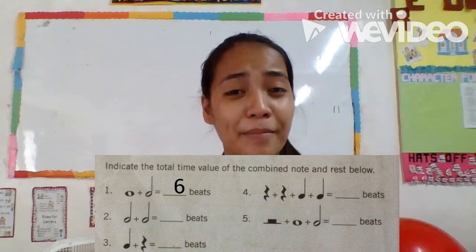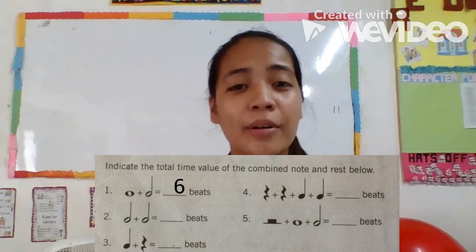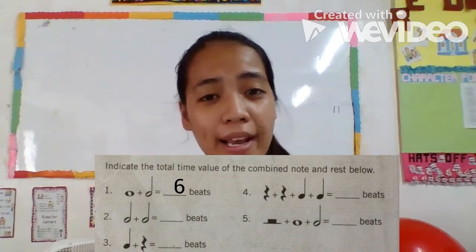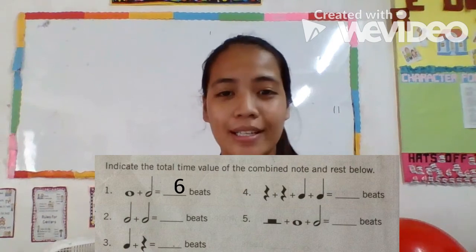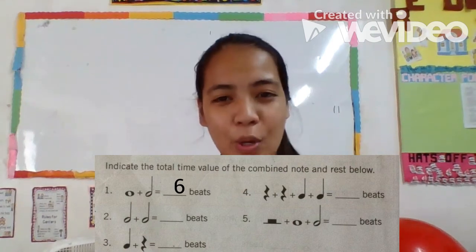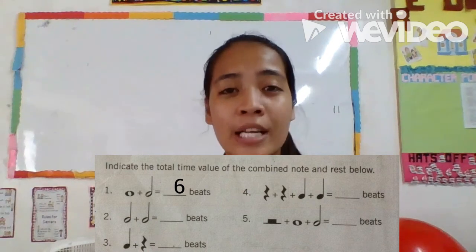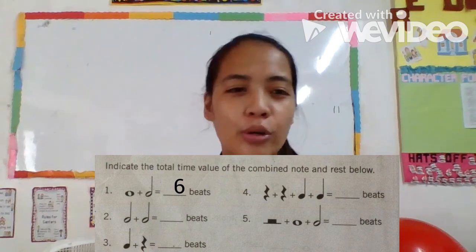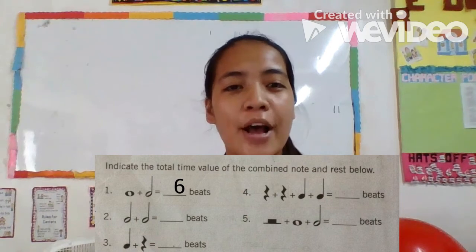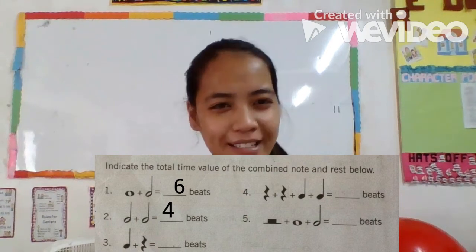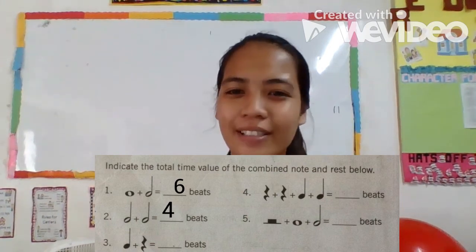Okay, time's up. Let's answer number 2. We have half note plus half note. How many beats for half note? There are only 2 beats. So 2 plus 2 equals 4 beats. Very good. Do you get the correct answer?